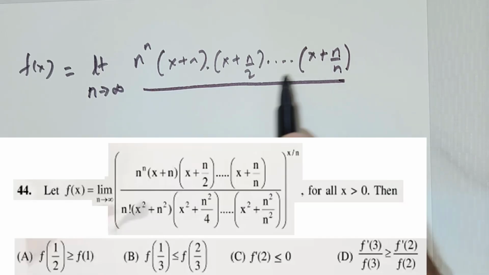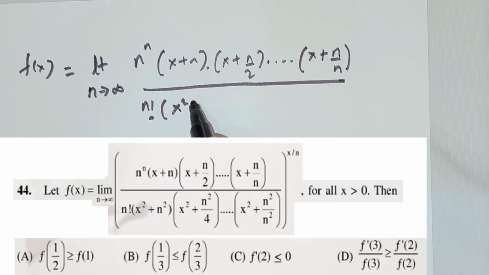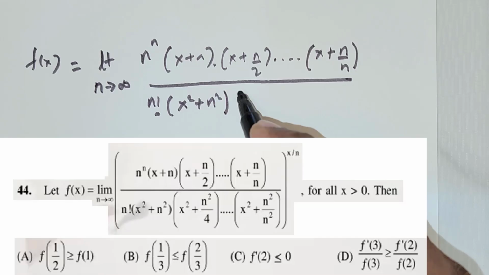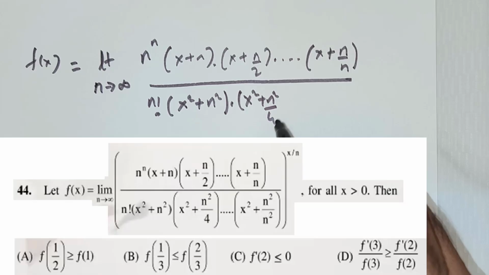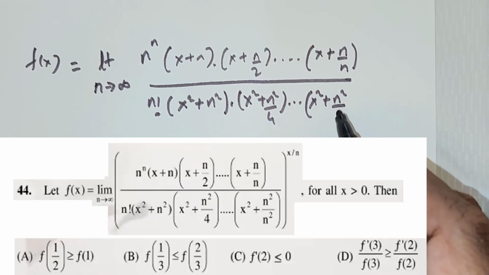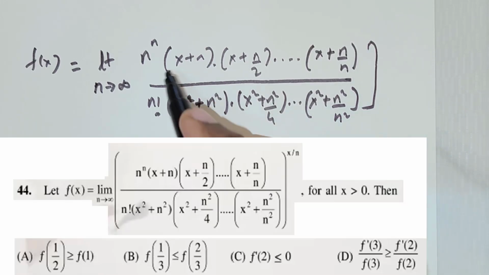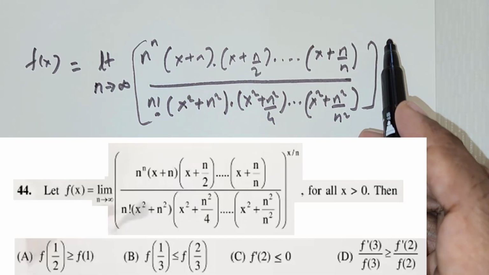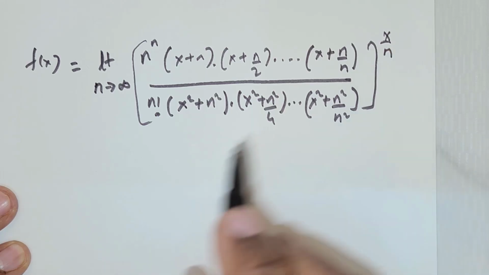Now this is in turn divided by n factorial times (x² + n²)(x² + n²/4), and it goes all the way to (x² + n²/n²). This entire component is raised to the power of x/n.